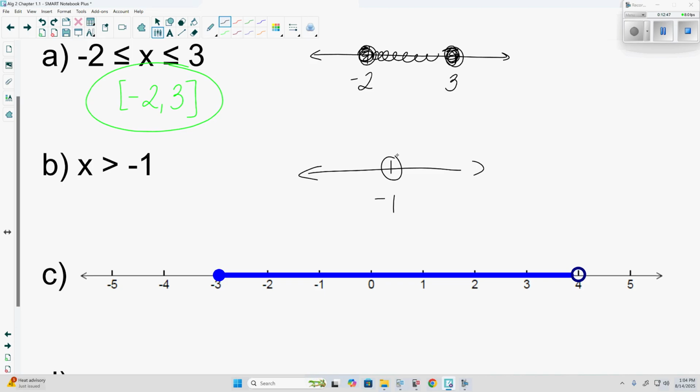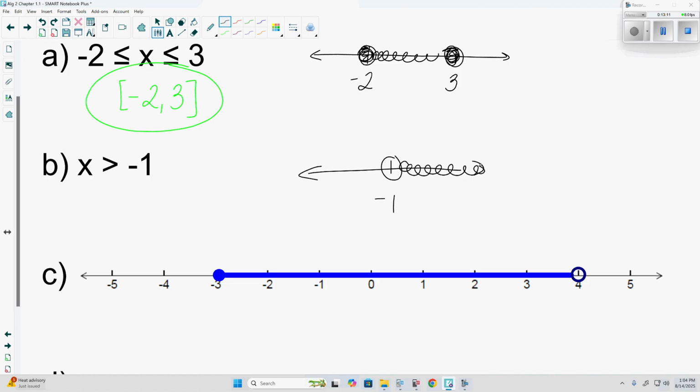So it's either going to go to the left or to the right. Which way are we going to shade, to the left or to the right? Is x bigger than negative 1 or less than it? Bigger, isn't it? So which direction are the numbers bigger than negative 1? To the right.